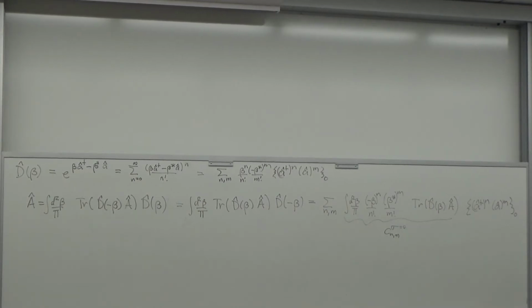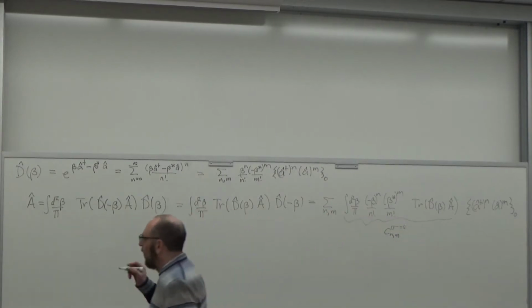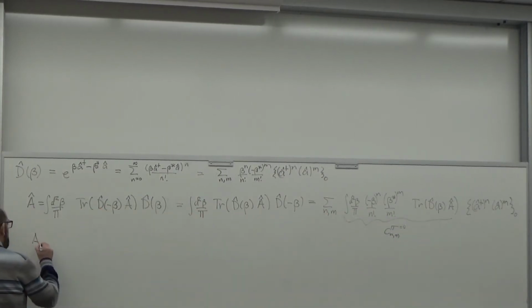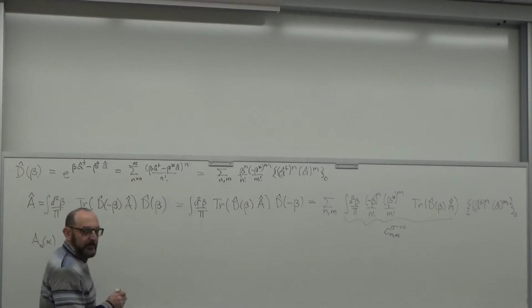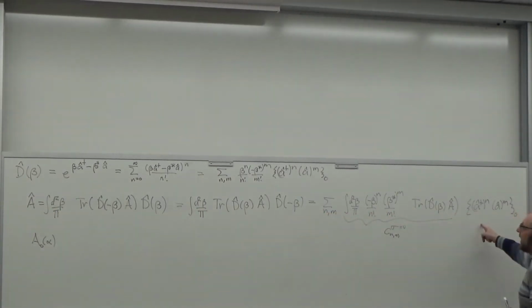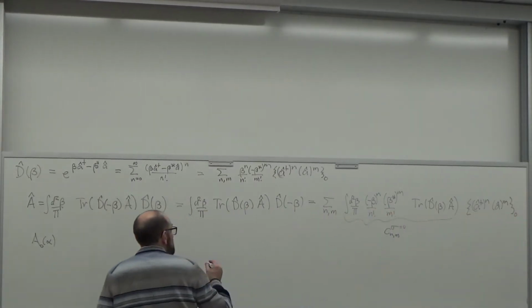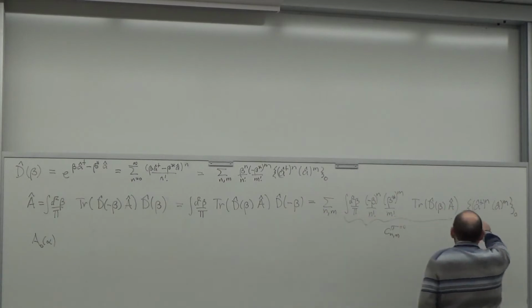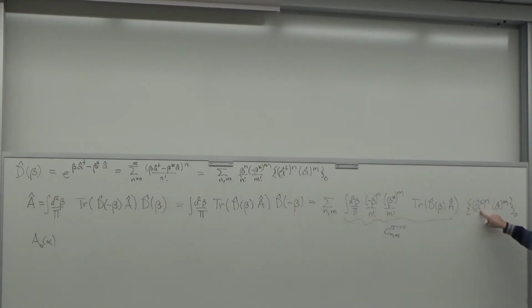So the symmetrically ordered expression for this operator is just what I get when I set A dagger to alpha star and A to alpha, right?